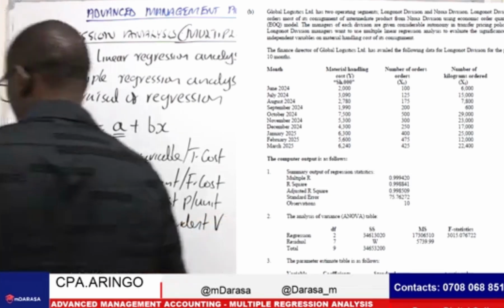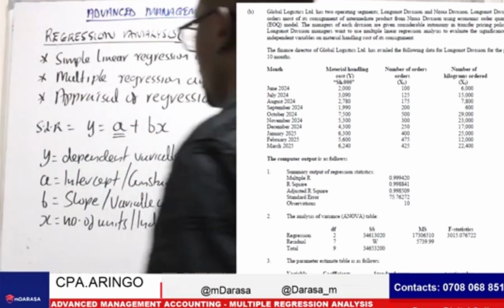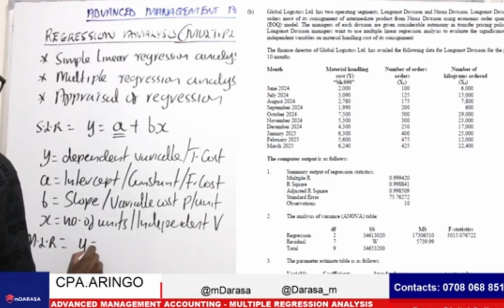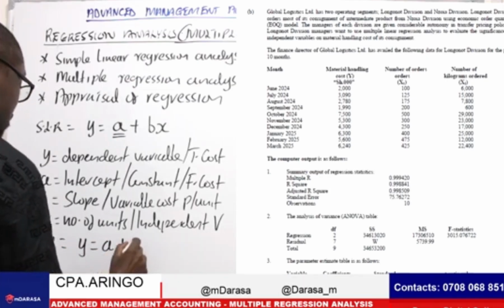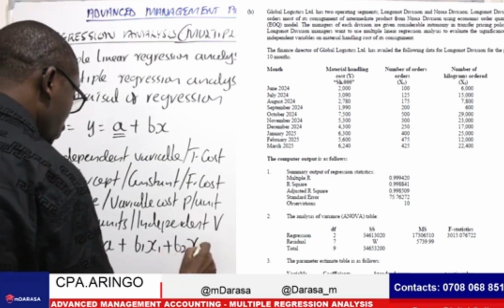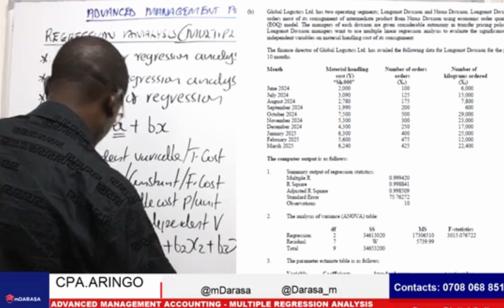So these are what we need to understand. In our quest here, when we are talking about multiple linear regression, I'll have more variables: y is equal to a plus b1 x1 plus b2 x2 plus b3 x3, and continue like that.